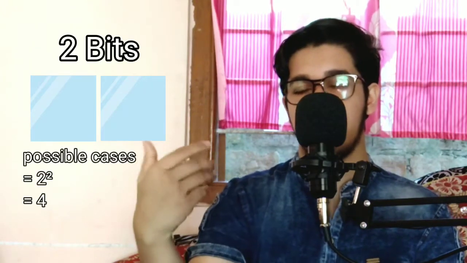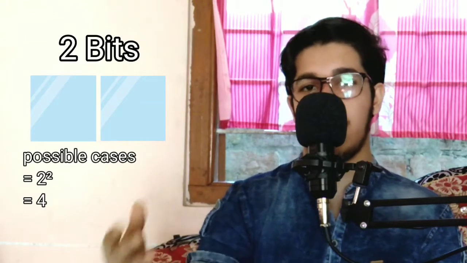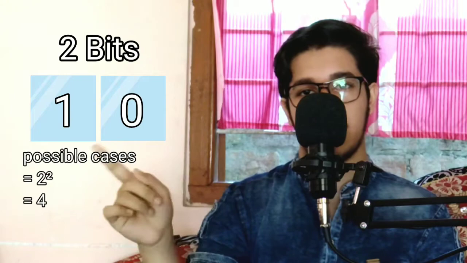If you have 2 bits of space in your memory, 2 bits can contain 2 to the power 2, that is 4 numbers: 00, 01, 10 and 11. If you have 3 bits, then you can store 2 to the power 3, that is 8 numbers: 000, 001, 010, 011, 100, and so on up to 111.